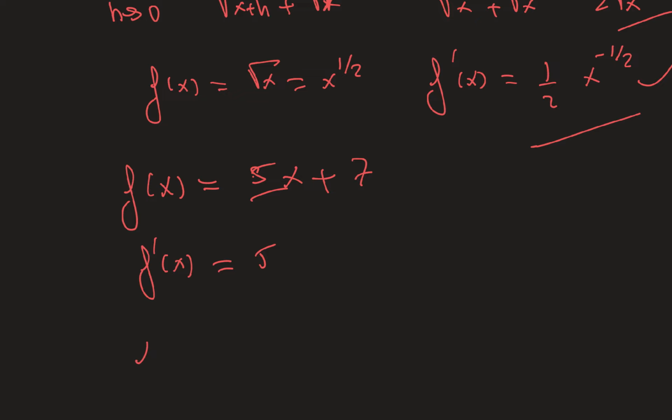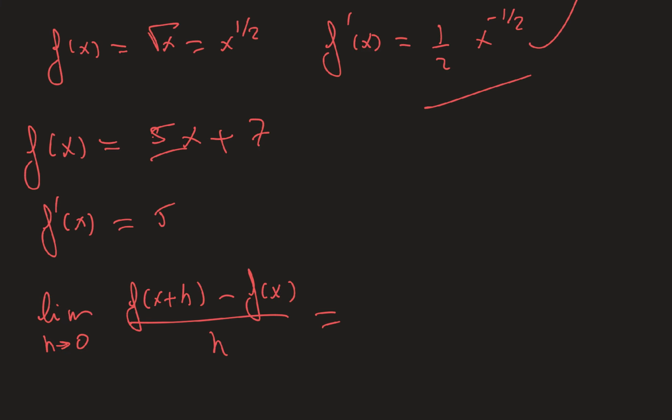So we do the limit definition, the limit when h approaches 0 of f of x plus h minus f of x divided by h. Let's do it. f of x plus h, if f of x is 5x plus 7, what do you think that will be? It will be 5, now instead of putting x, I put x plus h, plus 7.